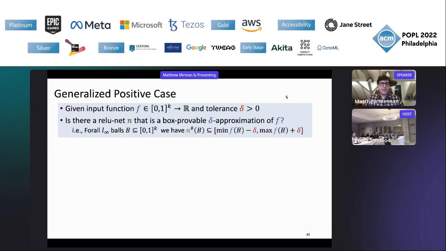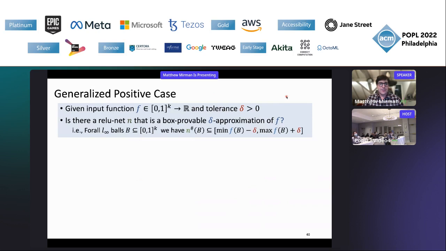Of course, this doesn't cover the cases that we were discussing before of universal approximation, but it can be generalized to cover these cases. So for the universal approximation setting, we're given an input function f from a box to the real numbers and a tolerance delta, and we ask, is there a ReLU net n that is a box provable delta approximation of f?